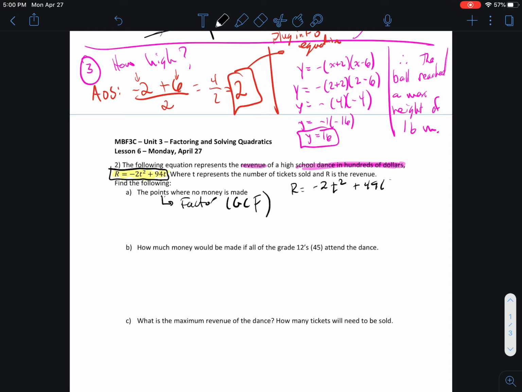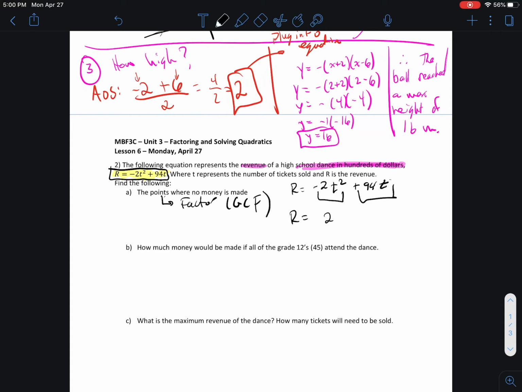I'm going to take a look at my equation. The revenue is represented by negative 2t squared plus 94t. Now I'm going to look at these 2 pieces, what we call terms, term 1 and term 2, and look at what's common between the 2.